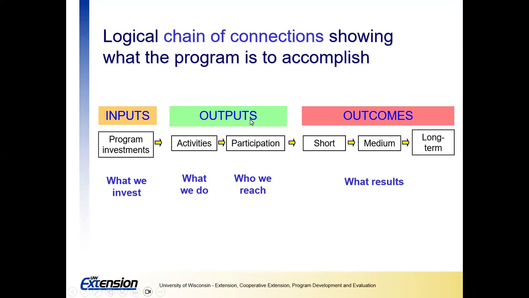When we look at outputs, the subtitles on the output are the activities, that is, what do we plan to do? And then the participation, that is, who will we reach? What's that target group? And outcomes, again, we're talking about short-term, midterm, and long-term outcome. That is, what will be the results of what we're trying to do?